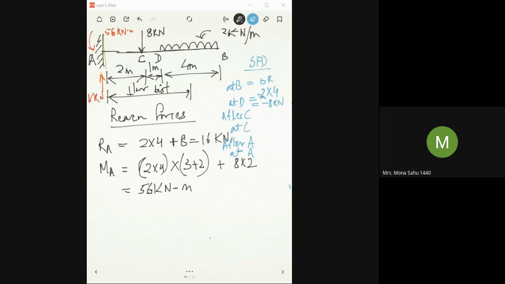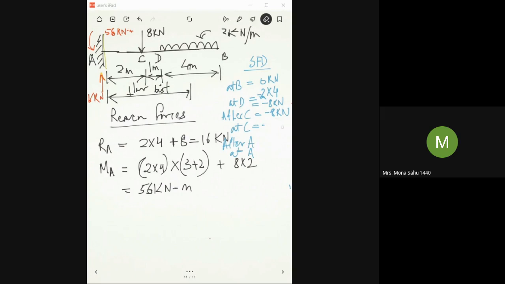Don't forget the units. So after C is again the same. At C it's going to be minus 8 minus 8, minus 16.